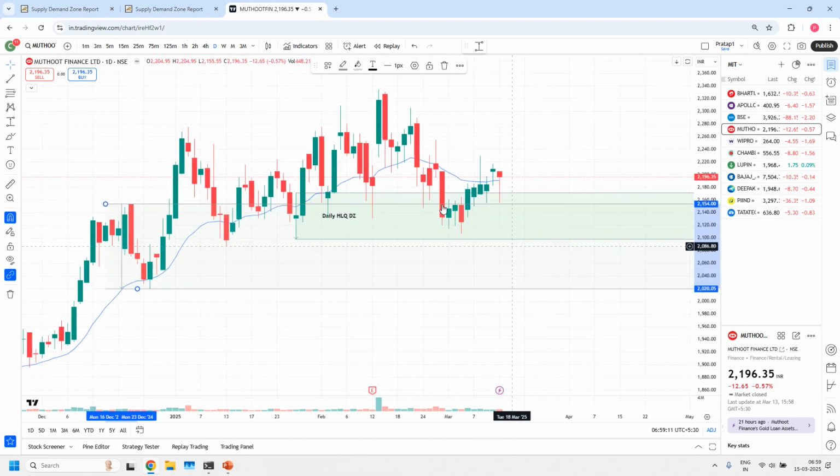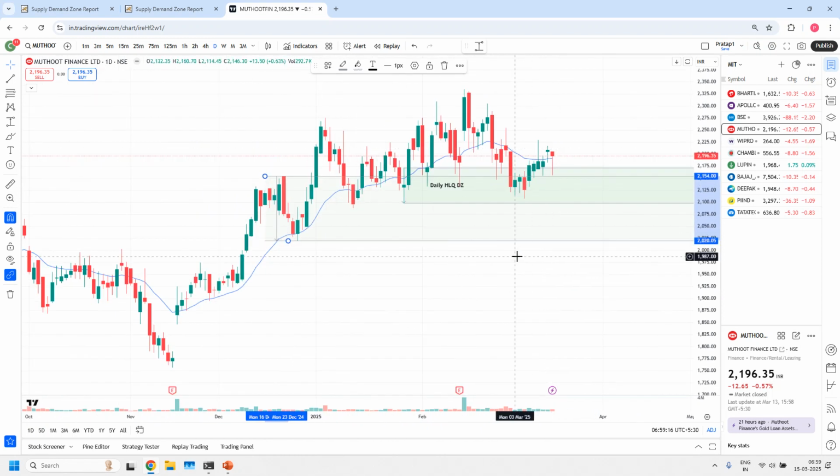And moreover, this is an all-time high demand zone. Okay. That means already we missed this entry. Maybe 4 days back or 5 days back, if we had analyzed this stock, we would have got a good trade here. And then prices started moving up and went up to the EMA, the daily EMA.